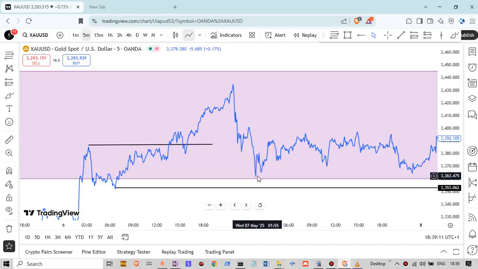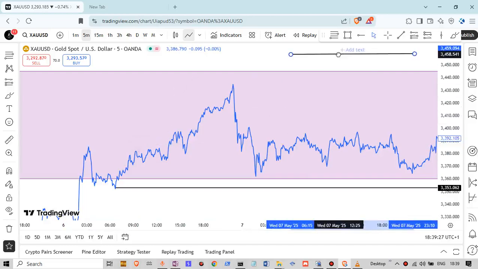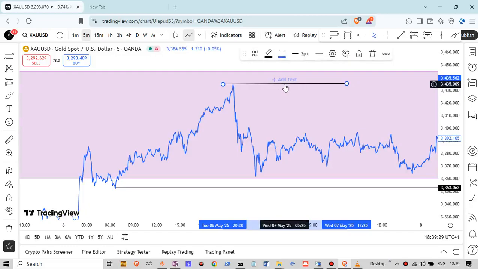I can't trust that. Some might trust it, it's fine. But I want to take trades that won't give me headaches or pain. So I will just wait. I'll wait to see whether this one will go up to break that one.